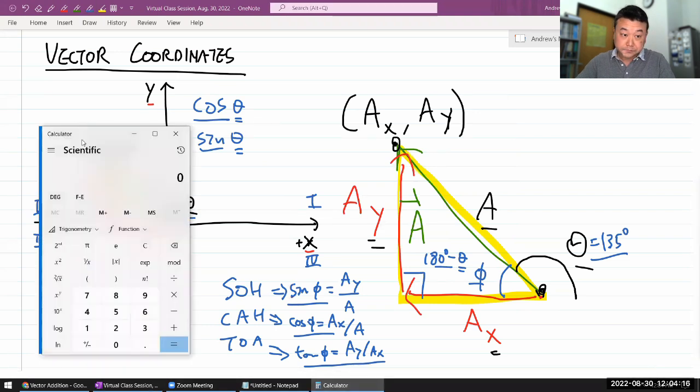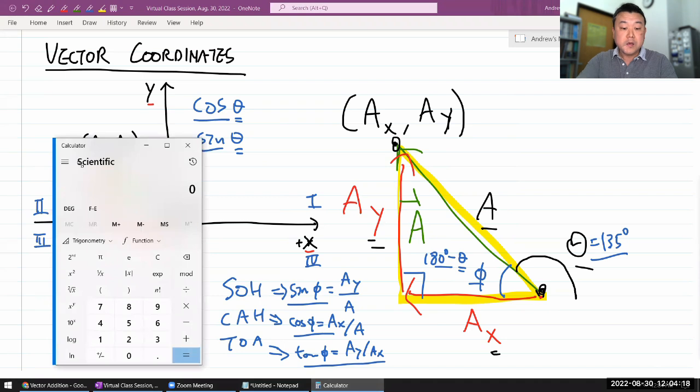So if you have, I don't know, cosine of 135 degrees, then your calculator will give an answer. And this answer with a minus sign is meaningful because this minus sign is indicating that your x component is going in the negative x direction.